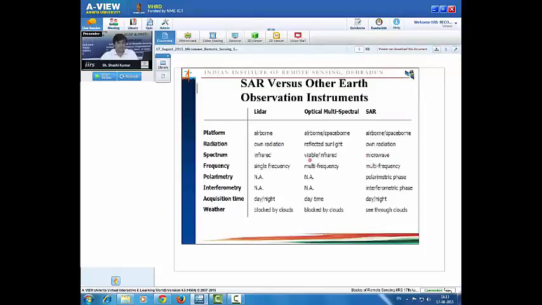For frequency, LIDAR operates on a single frequency. Optical multispectral, from the name, means multi-frequency; when we have more than one spectral band, we are talking about multispectral. SAR is possibly multi-frequency, but one sensor can be designed for one frequency range only. So to get a multi-frequency dataset, we must have multiple SAR sensors.